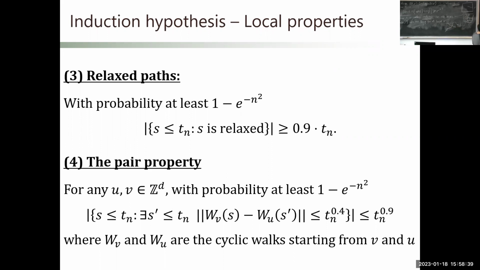Forget about the exact bounds that you have in here. This is important in order to locally avoid your path. If you enter a certain block a couple of times, this pair property allows you to locally avoid your path.